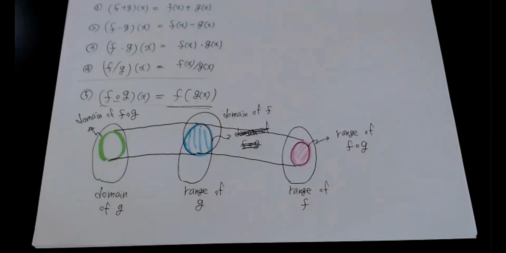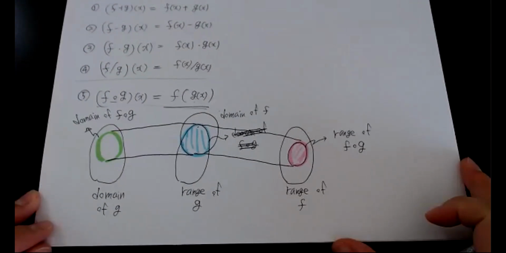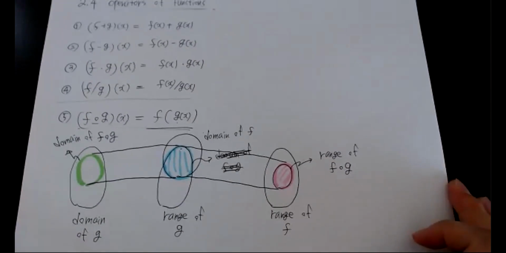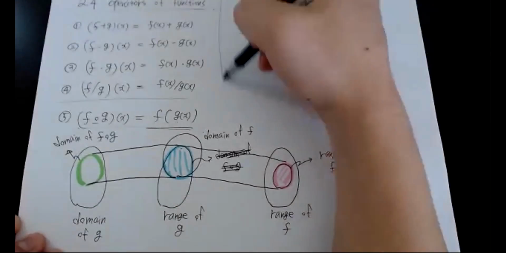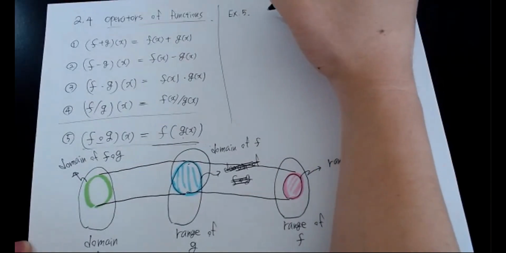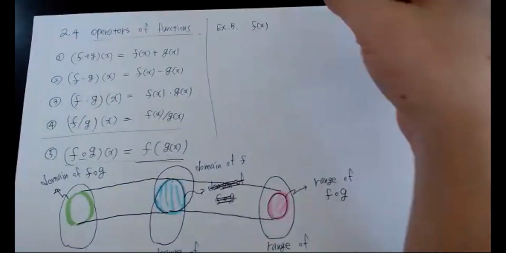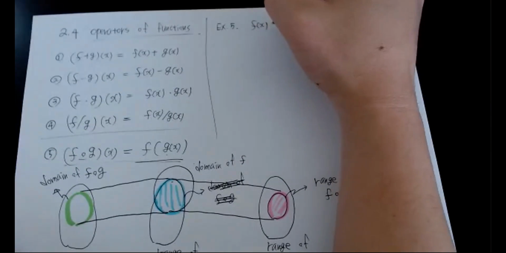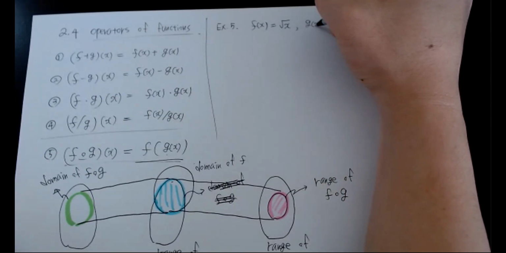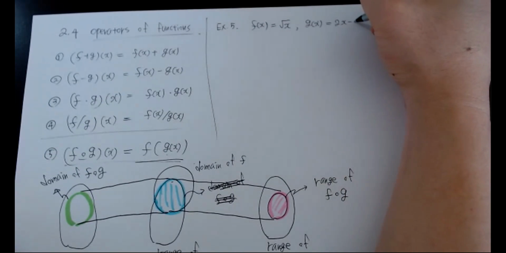Okay, so we may just say that it's a little bit abstract, so let me give a specific example. That's example 5 from the textbook. So f of x is defined by the square root of x, so square root function, right? And then g of x is defined by 2x minus 1, right?